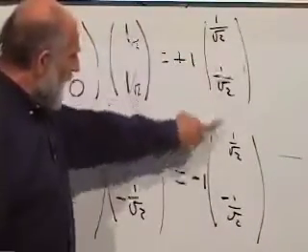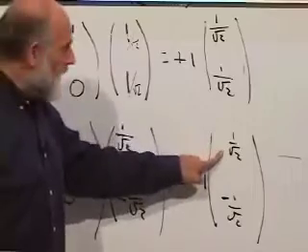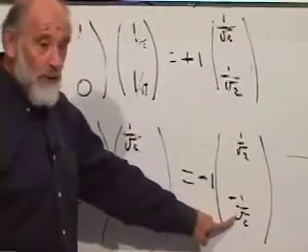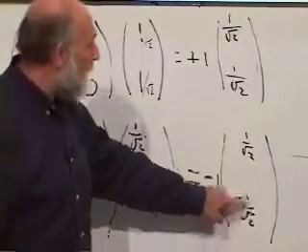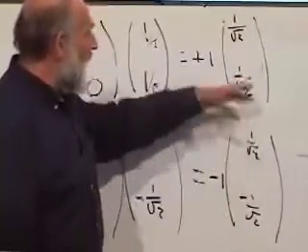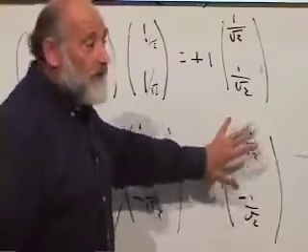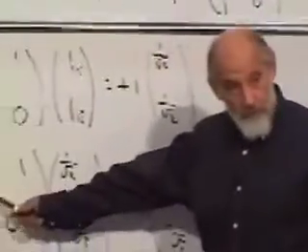So we get 1 over square root of 2 times 1 over square root of 2. That's a half. And then 1 over square root of 2 times minus 1 over square root of 2. That's minus a half. A half plus minus a half is 0. This vector is orthogonal to this vector. So there's an example of the orthogonality of eigenvectors with different eigenvalues for Hermitian matrices.